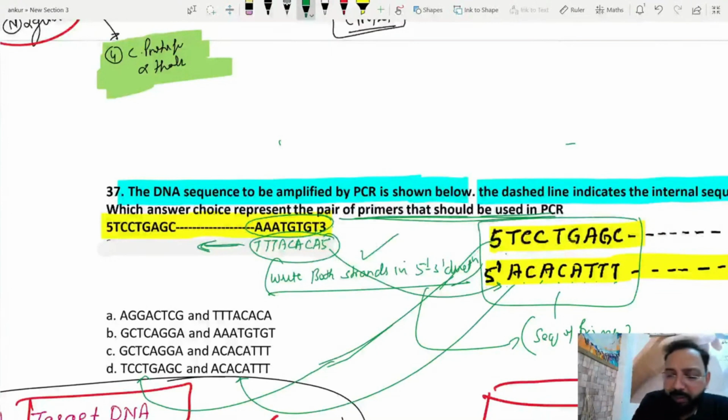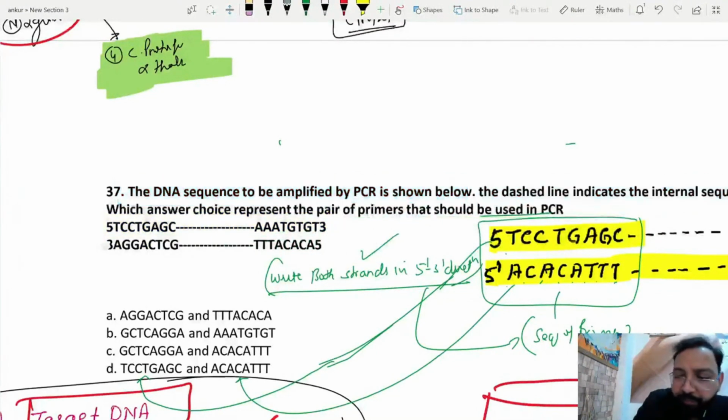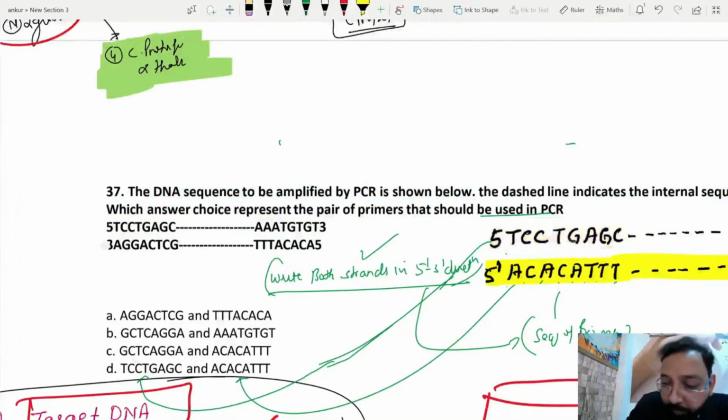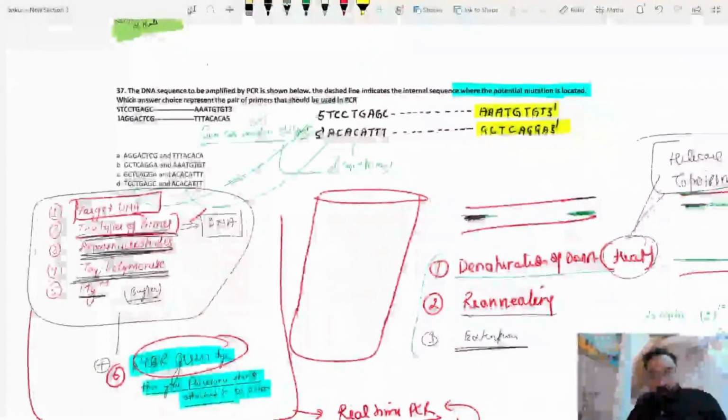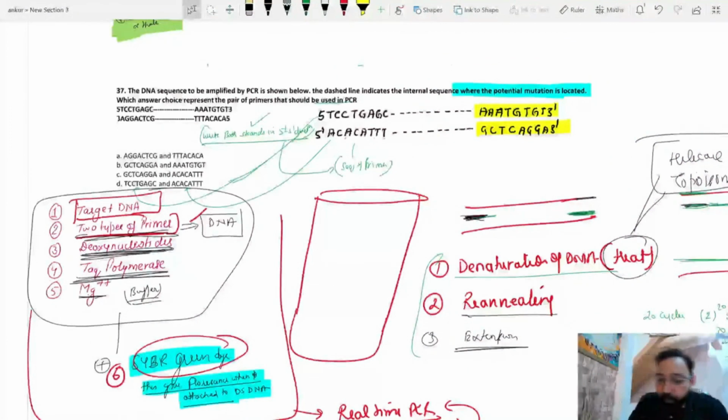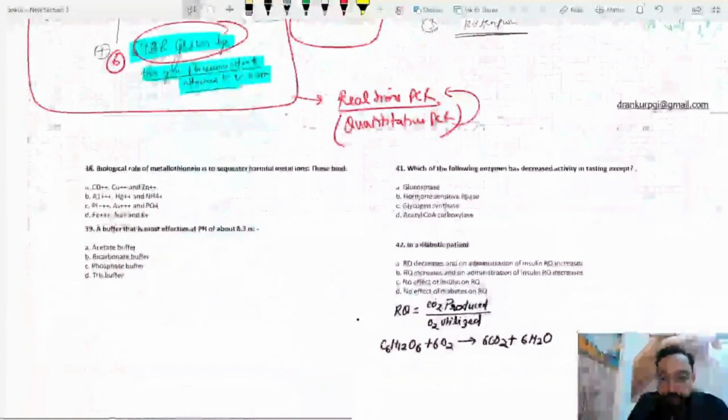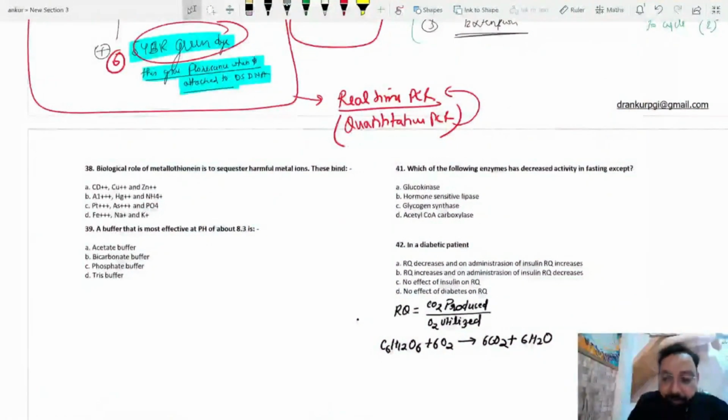Again I say, don't get confused. If you want to calculate, you can try to calculate. I got very few answers. I know this is a difficult part, but remember the mnemonic. Now we are coming to the next question.